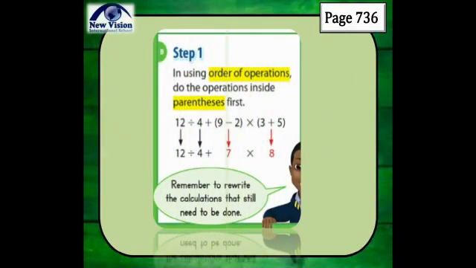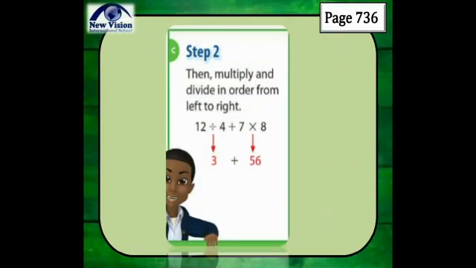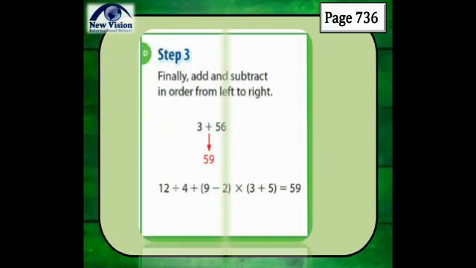In using the order of operations, do the operation inside parentheses first. Remember to rewrite the calculations that still need to be done. Step 2. Then multiply and divide in order from left to right. And step 3. Finally, add and subtract in order from left to right. Always remember, left to right.